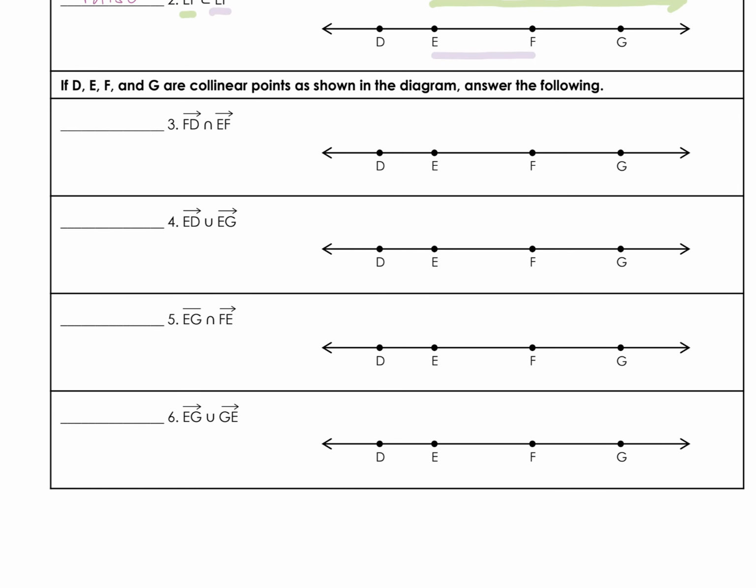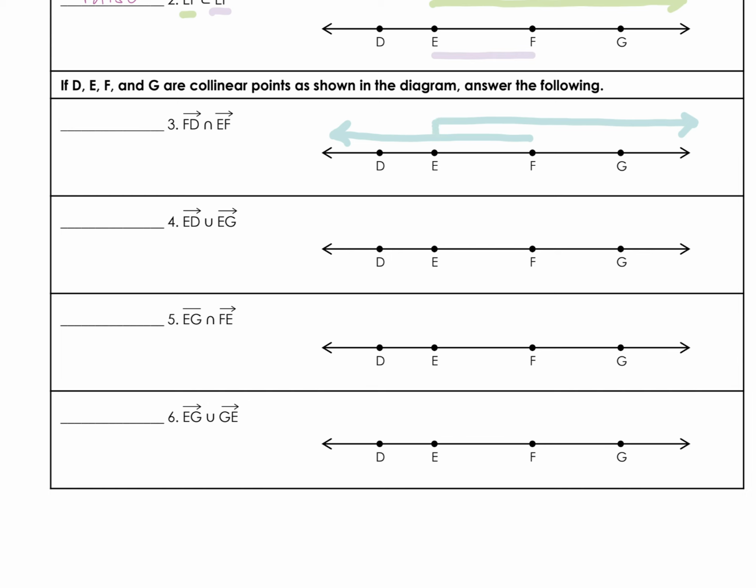With number 3, we have, what is the intersection of ray FD, starting at F, going towards that point D, and ray EF. Once again, this is an intersection, so we are looking for the overlap. Where do the two overlap?